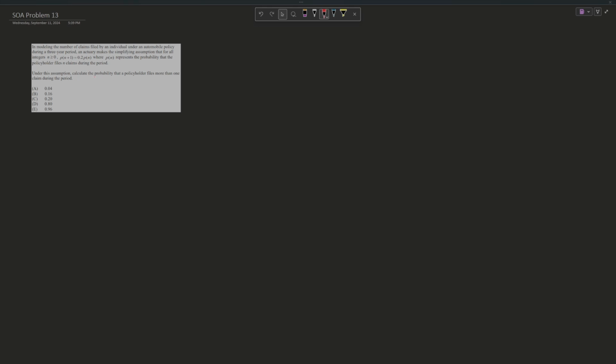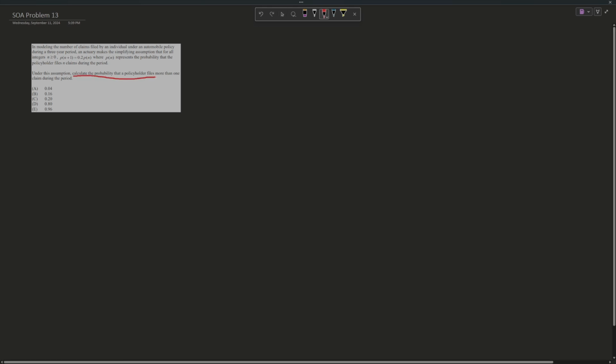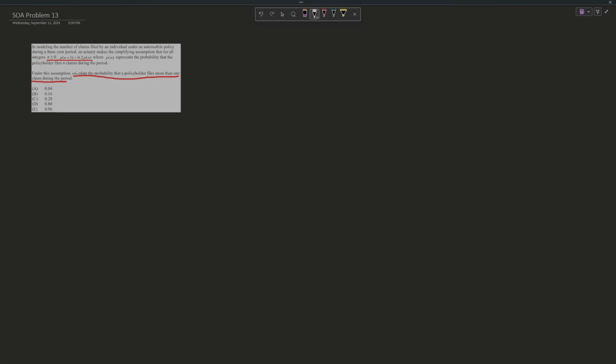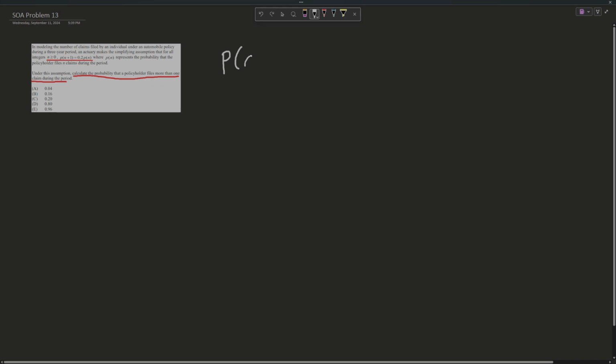So we are trying to find the probability that the policyholder files more than one claim during the period, and we have this formula. So what is this in a more formulated type of approach? What we're trying to find is P(N > 1).